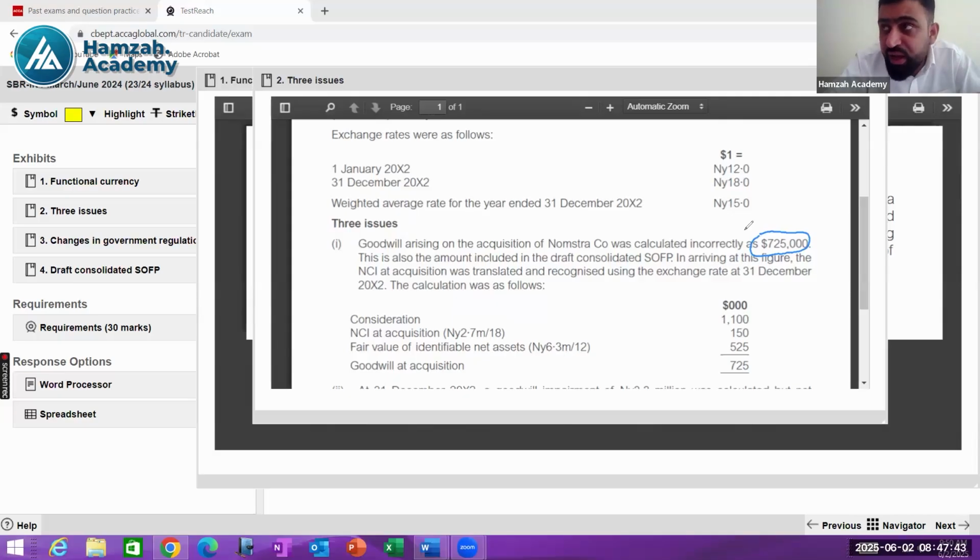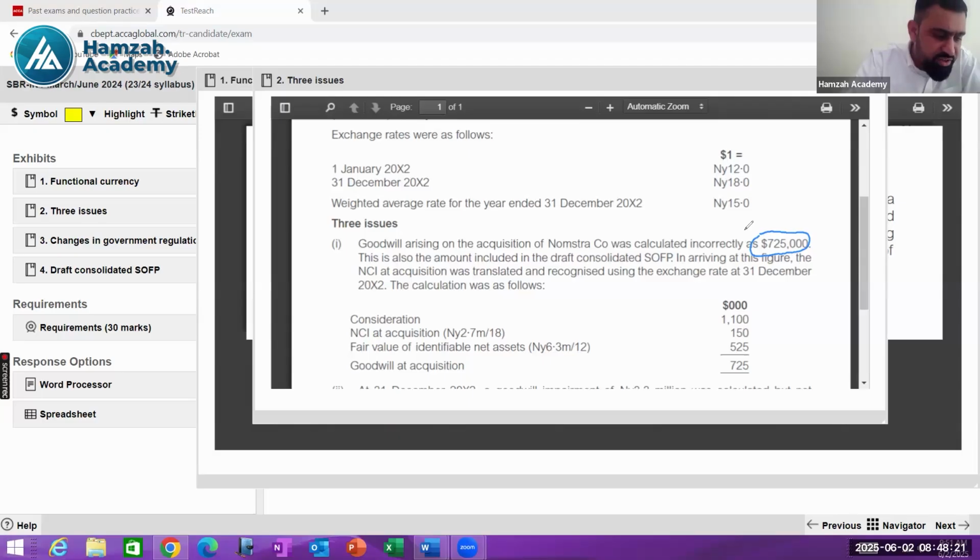In arriving at this value of the goodwill, the mistake they have made is that they have translated the NCI at the date of acquisition using the exchange rate at 31st December 20X2, the closing exchange rate, instead of translating the NCI using the rate at the date of acquisition.